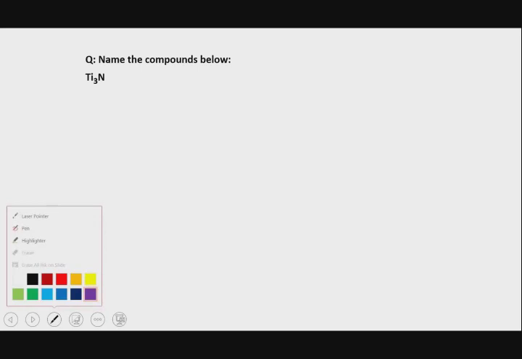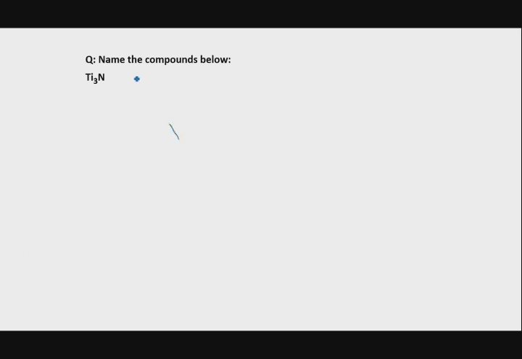Okay, let's try out a few more of such compounds. Now once again, here we have another ionic compound in which the metal will make a variable charge cation. So work backwards, people. Since Ti3N means there are 3 Ti's and 1 N ion, what is the charge on the anion, the magnitude of the charge?